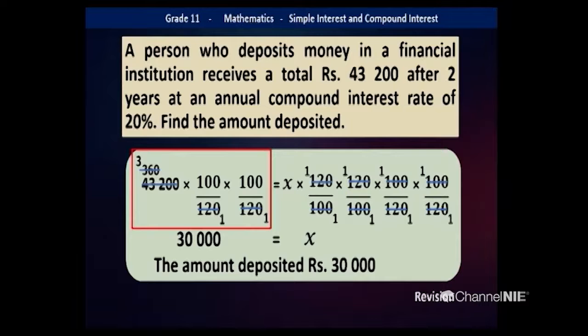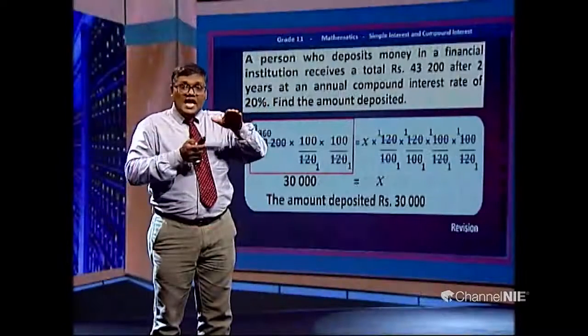Now look at the left side of this. Now we can work out this sum without taking x. 43,200 times the reciprocal of 120 upon 100. That means if you deposit 100, at the end of the year it becomes 120. Backward, at the end of the year 120 means initial amount is 100. You can use that technique to find the amount without going for this algebraic side.